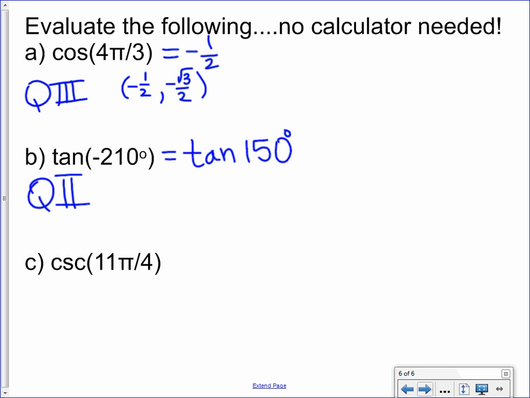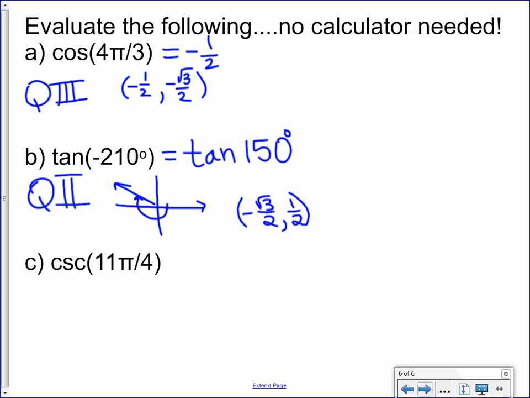Negative 210 is the same as 150. Okay, right? Negative 210 just looks like that. Right? Okay, so what is our coordinate at 150 degrees? Negative radical 3 over 2 and 1/2.